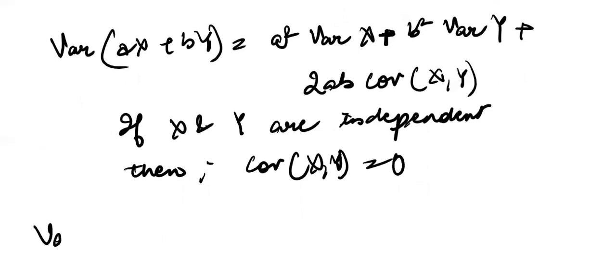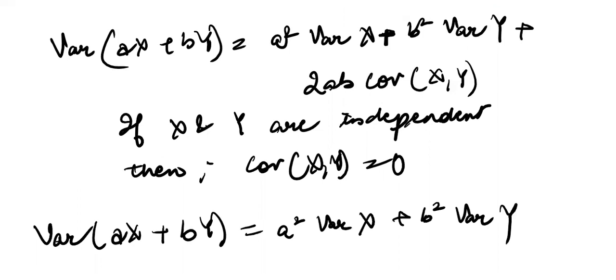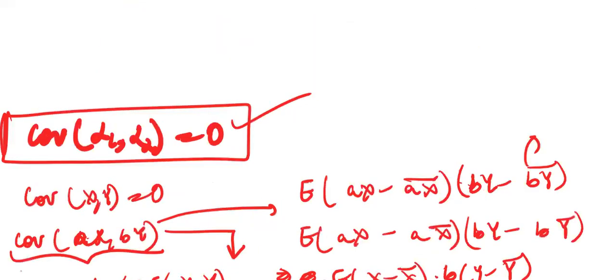So the variance of ax plus by is a square variance of x plus b square variance of y. All of this is important, okay?